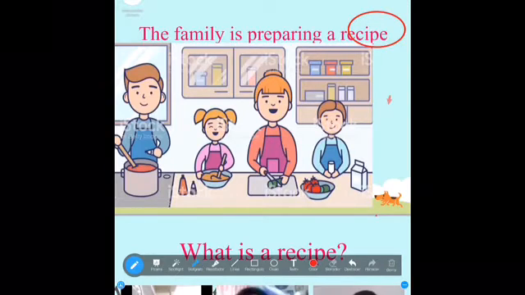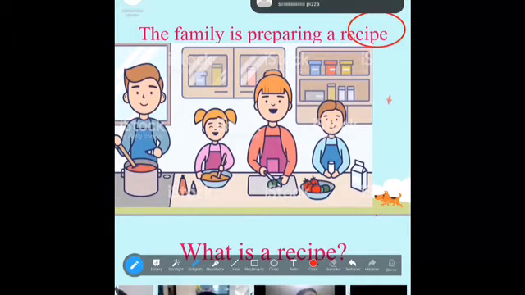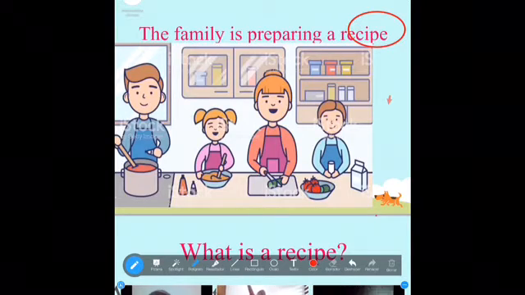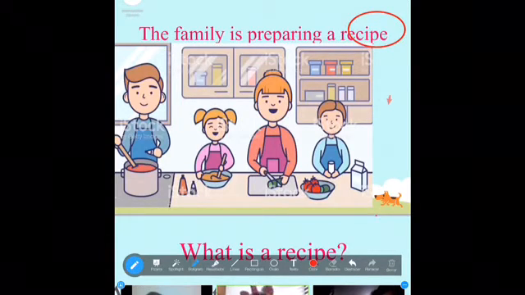Okay, they are in what part? Are they in the school? No. Where are they? There is a specific place at home. What is that place? Nicole, thank you. The kitchen. Exactly, they are preparing a recipe in the kitchen.